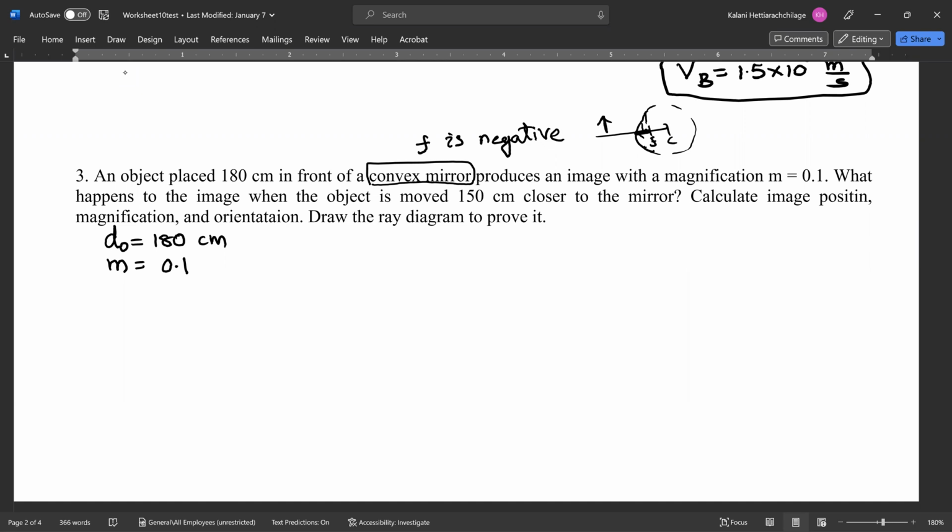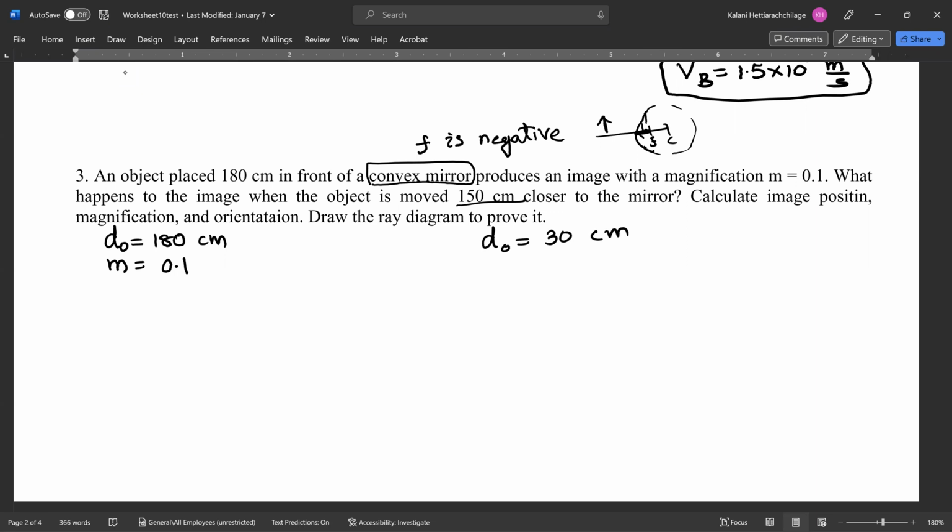Why do I need to find F? Because the second time I move the object 150 closer to the mirror. In the second case, your D naught is going to be 180 minus 150, that means 30 centimeters.